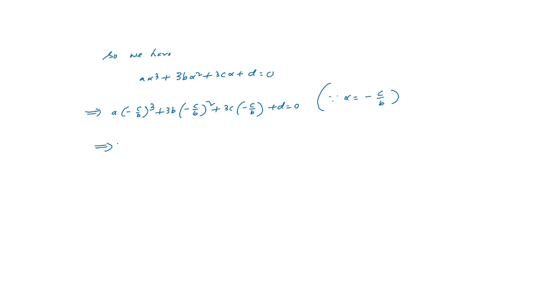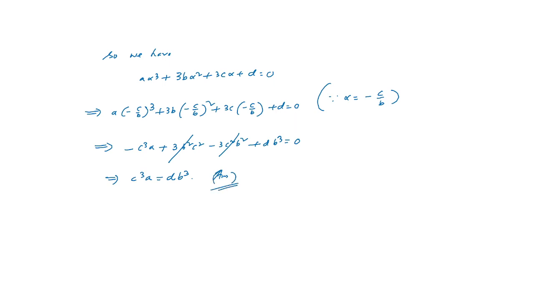From this we can write minus c cube a plus 3b square c square minus 3c square b square plus d b cube equals 0. That implies c cube a equals d b cube. So this is our answer.